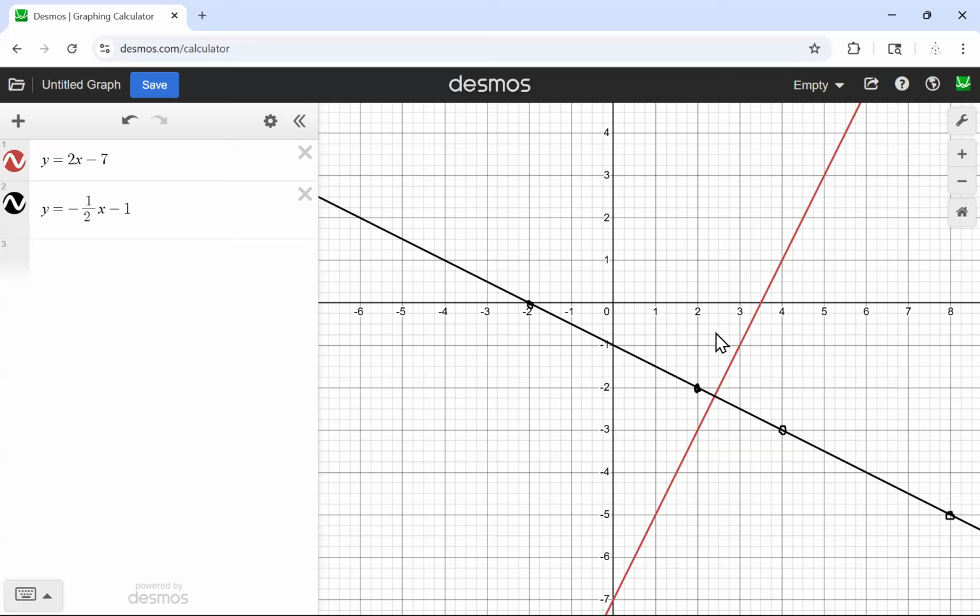So this tells us something about slopes. Positive slope means that our outputs are increasing as our inputs are increasing. So as x gets bigger, y also gets bigger. A negative slope means the opposite. As x gets bigger, y is getting smaller.